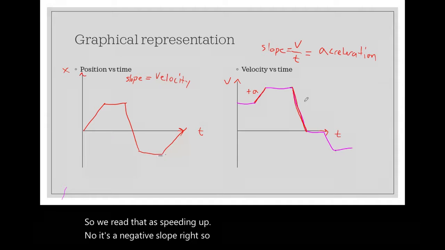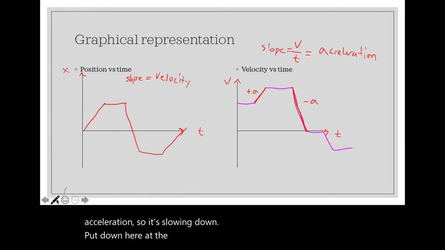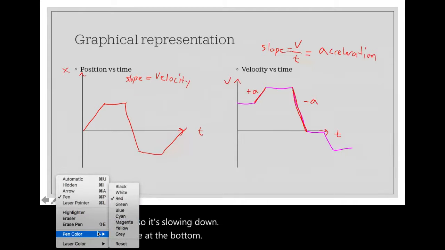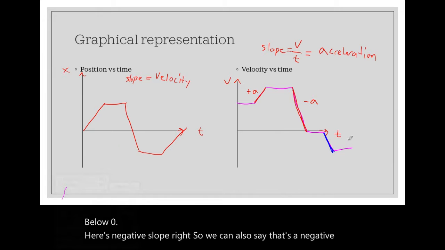So we read that as a negative acceleration. So it's slowing down. But down here at the bottom, below the zero, here it's negative slope, right? So we can also say that's a negative acceleration.